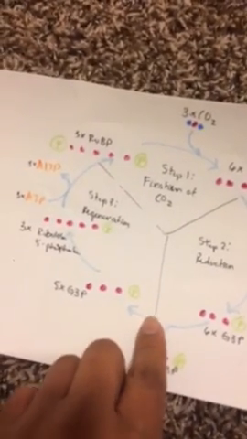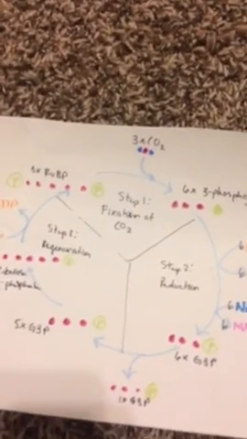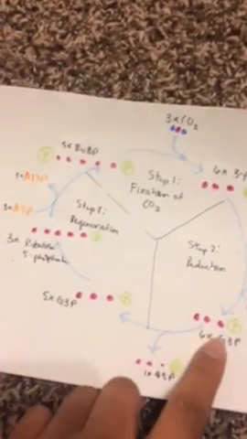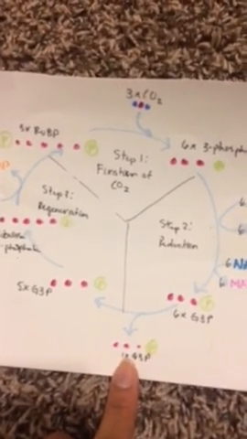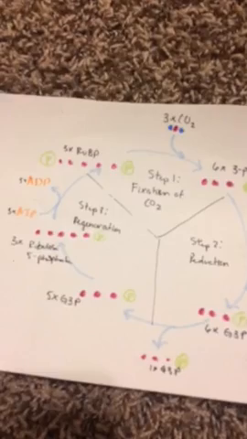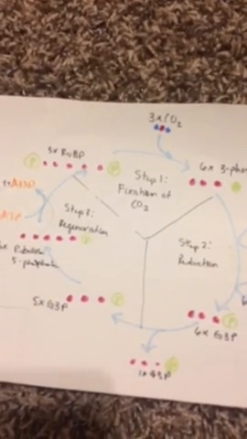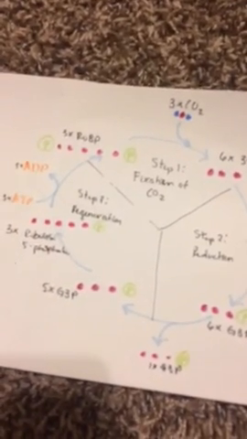Now you only need 5 of these G3P molecules to go back up into the cycle to make 3 RuBP molecules. The other one, since there's one left over out of the 6, this one actually goes out and it makes glucose, and it can make fructose or sucrose or anything else that it needs for the cell. Overall, you need about 9 ATP molecules and about 6 NADPH molecules, and that's how we make sugar and energy for the cell. Thank you.